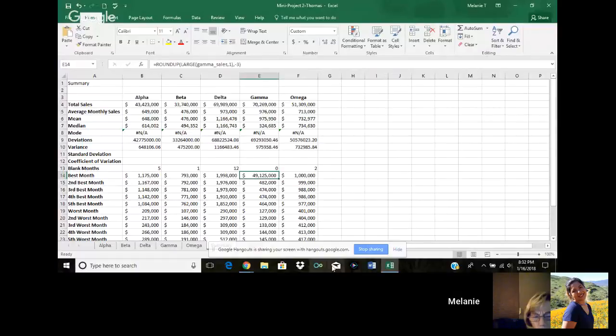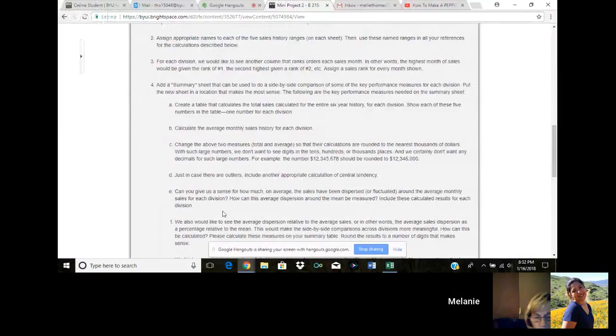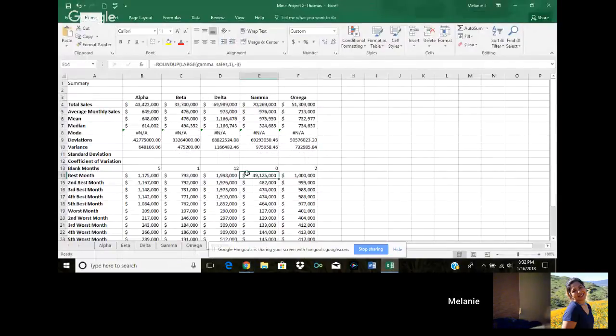On letter D, it says just in case there are outliers, include another appropriate calculation of central tendency. So this would be considered an outlier because it's so huge compared to the rest of the totals. Mm-hmm. I just don't know what to do with it though.